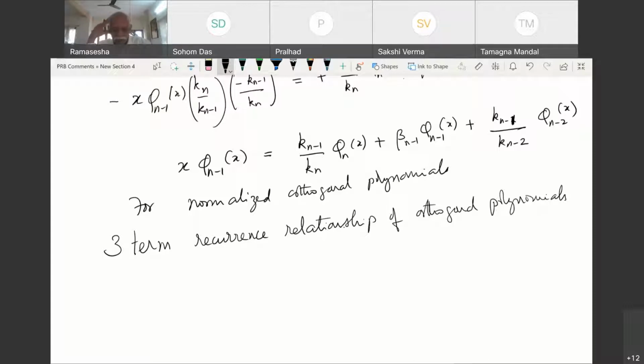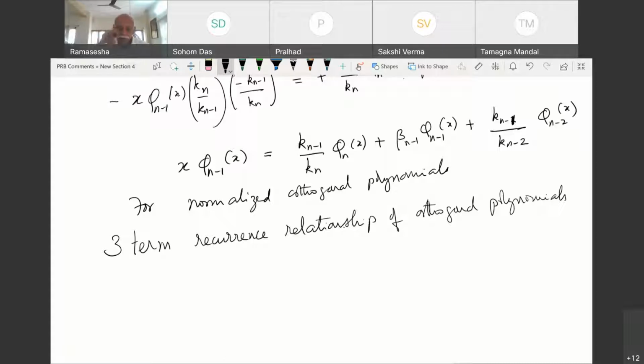You will see that because of the three-term recurrence relationship, you can only excite a state from n to either n plus 1 or de-excite to n minus 1. You cannot have anything different. This is the one that gives you, for harmonic oscillators, the selection rule that delta V is equal to plus minus 1.